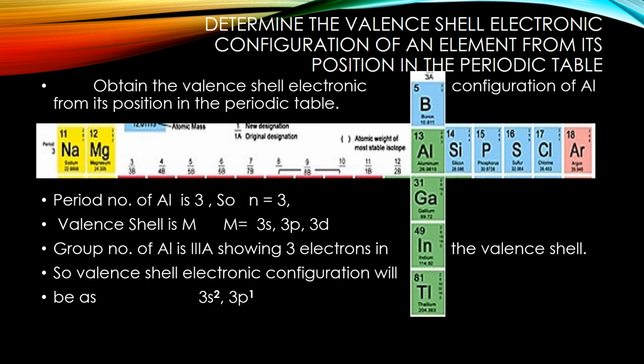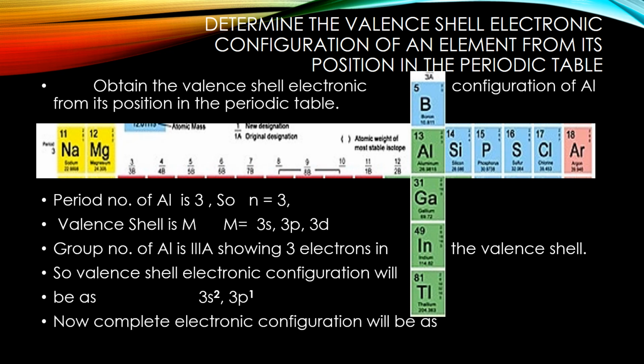Up till here the valence electronic configuration is completed. So now we will complete the remaining configuration. The first shell 1s2 contains 2 electrons, and the second shell 2s and 2p will contain 2 electrons in the s orbital and 6 electrons in the 2p orbital.